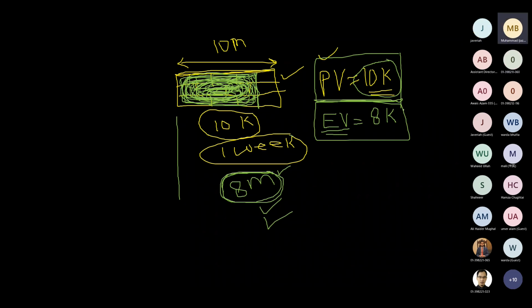Okay. Now I will check my pocket to see how much I have actually spent to build this 8-meter wall. This 8,000 is not what I actually spent to build this 8 meters. This 8,000 was the approved budget for the 8-meter wall, right?